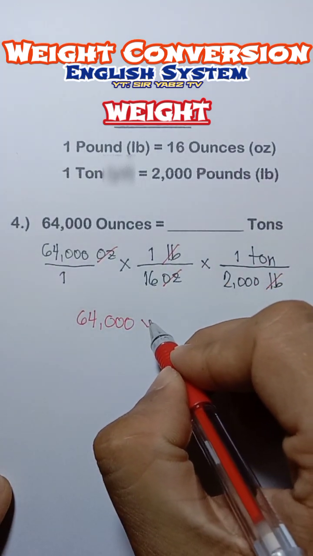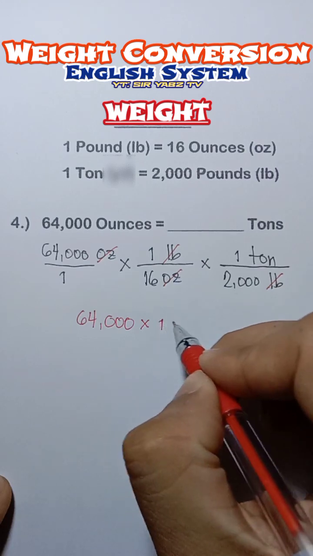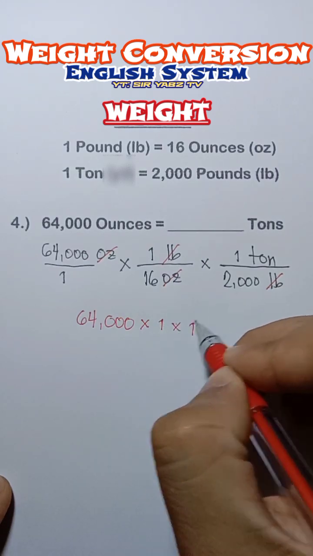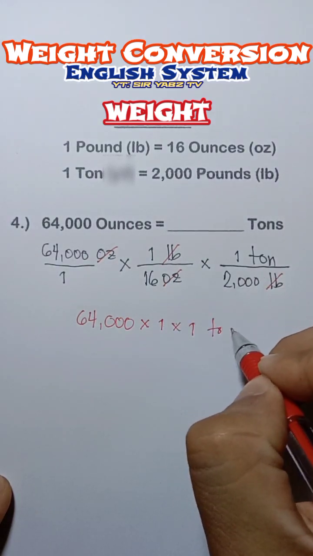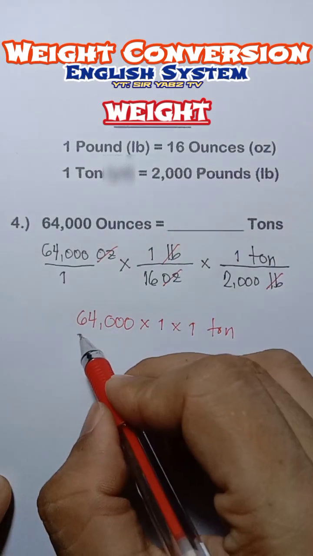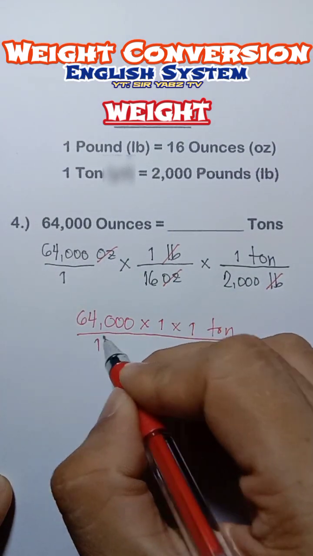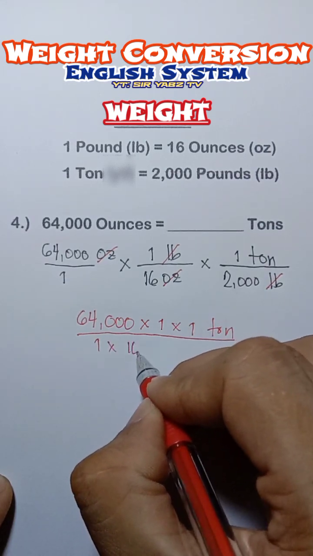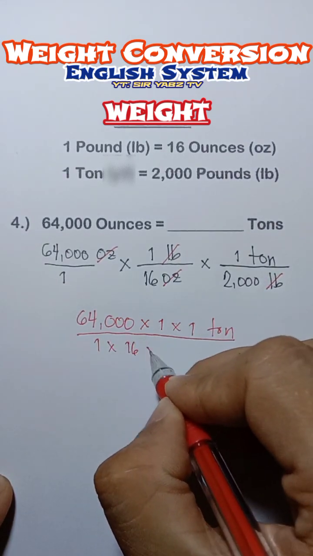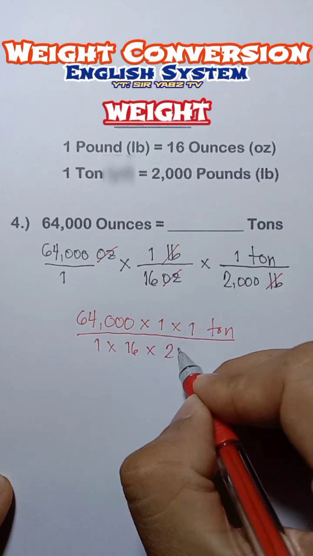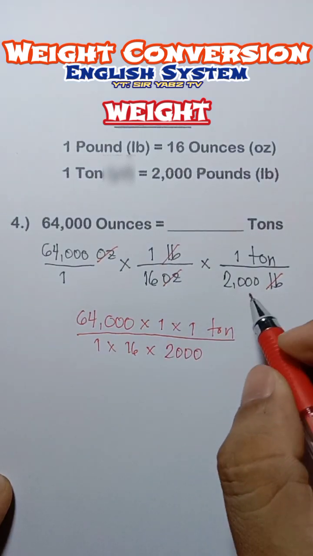And then the denominator, we need to write that because that is not 1. Okay, so that is 1 times 16 times 2,000.